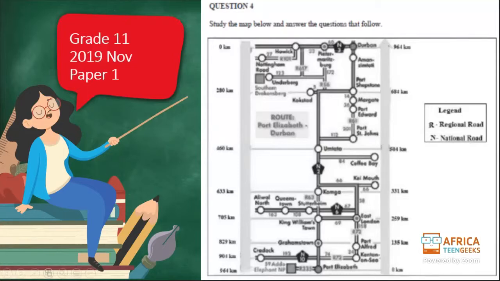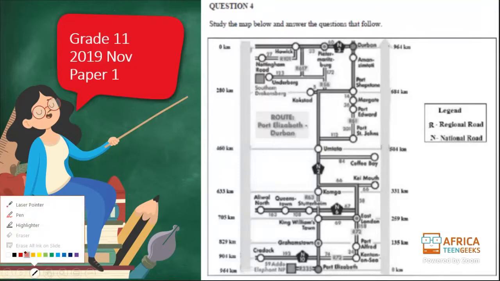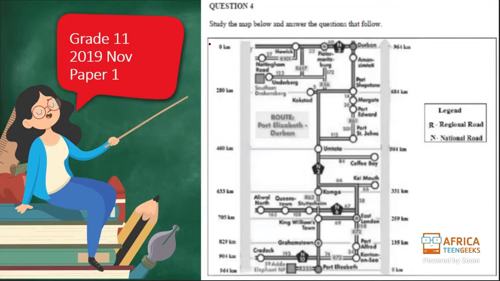So this is 0 kilometers, and this is 964 kilometers, and below it's 0 kilometers.